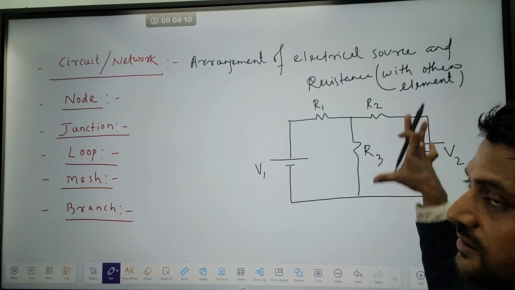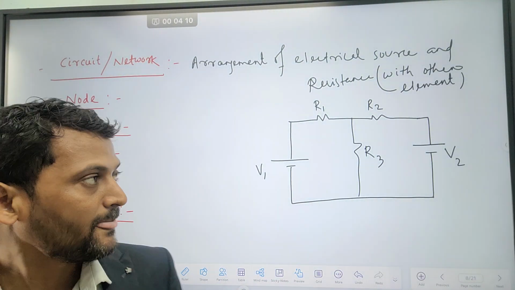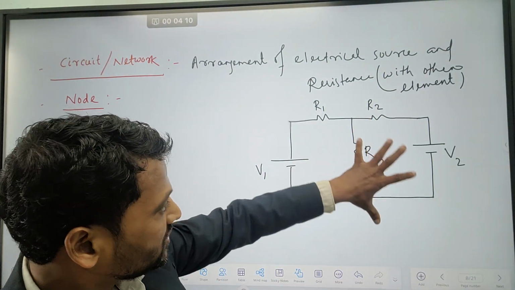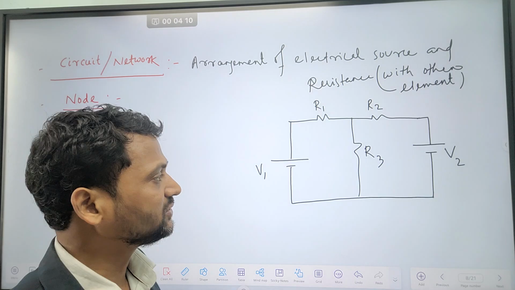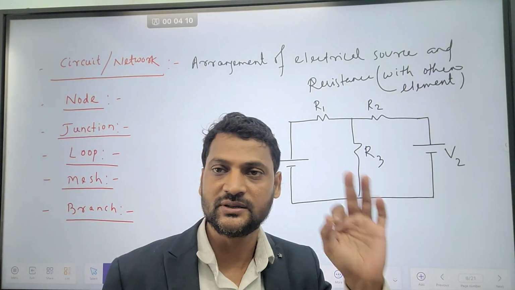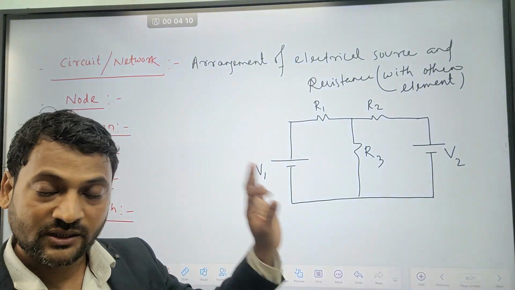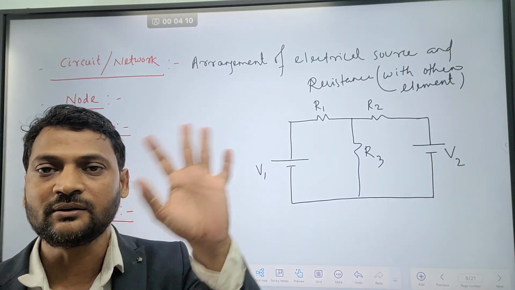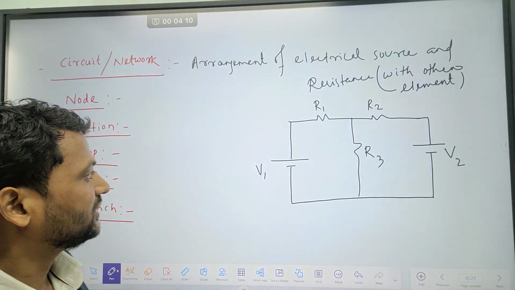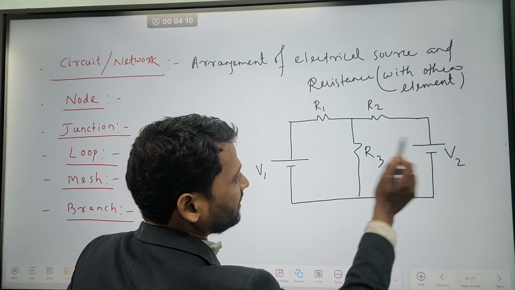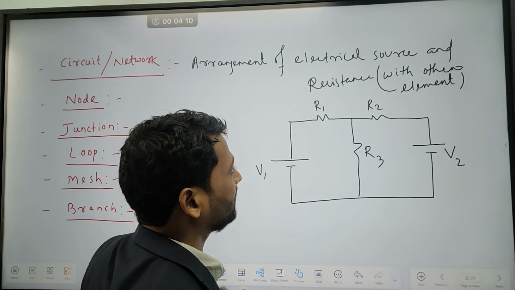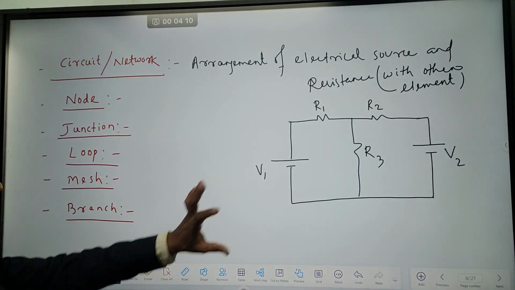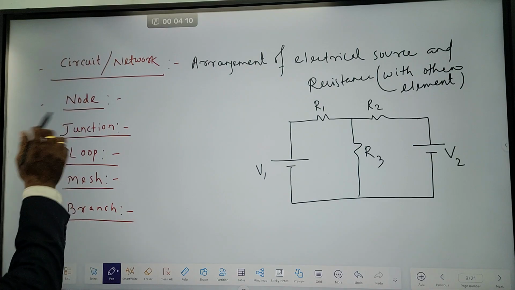So we can say it is a circuit or network since it has voltage sources as well as resistances, meaning it has active elements and passive elements. In very simple language you can say an electrical network or electrical circuit is an arrangement of active and passive elements, that's all. So there are two active elements V1 and V2 and three passive elements R1, R2 and R3. So that is your circuit and network. So what is a node in this?